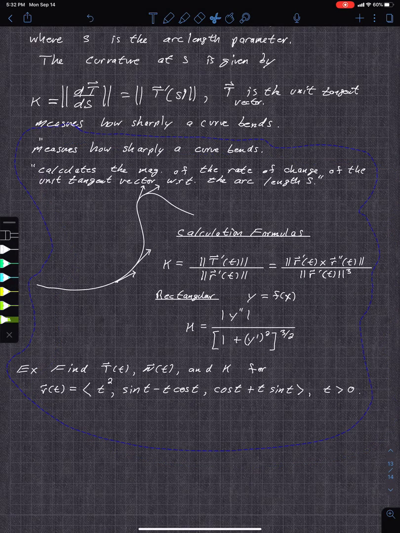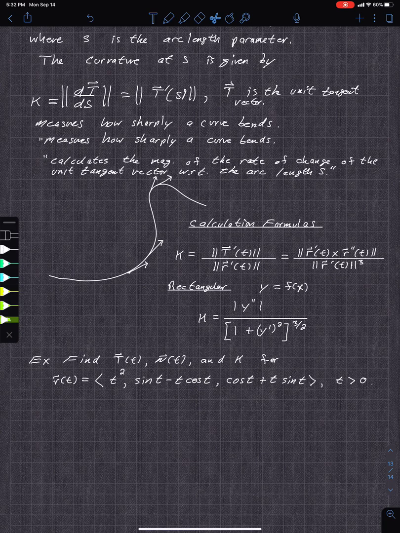So let's go through this. It calculates the magnitude of the rate of change of the unit tangent vector with respect to arc length.